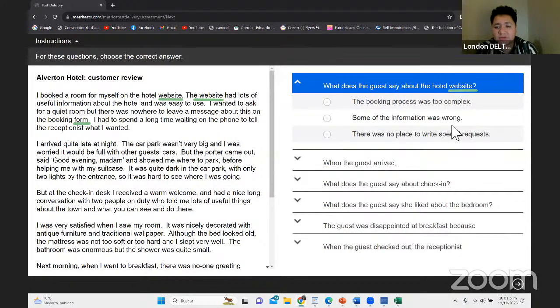The booking process was too complex. Some of the information was wrong. There was no place to write special requests. Which is the correct answer? You have 10 seconds.